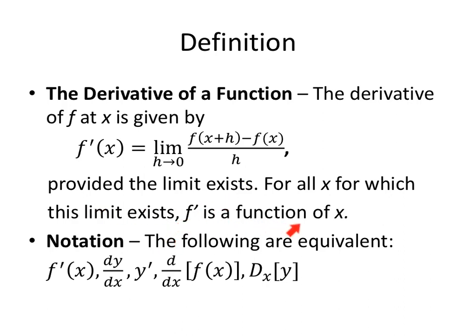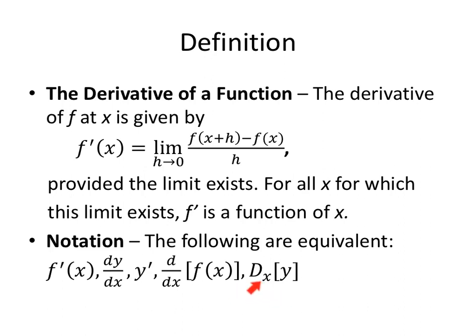And f prime is a function of x, as I originally stated. A couple of different notations. F prime of x, the one I've used here, that's the same as dy dx, y prime, d dx of f of x. Or when you get into later calculus 3 and differential equations, sometimes we'll use the capital D notation.